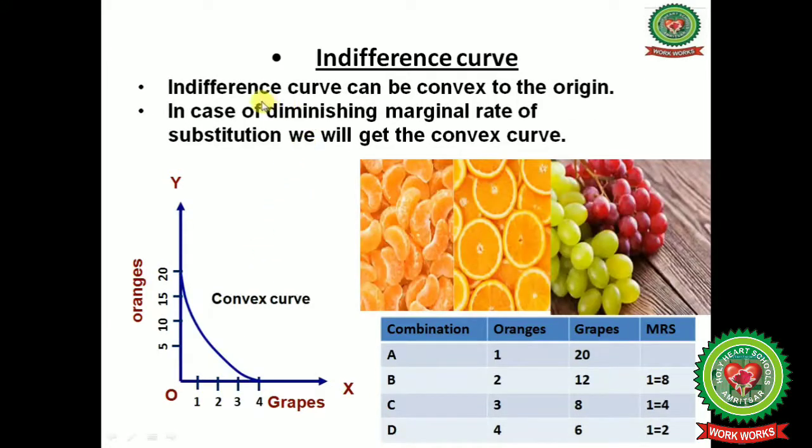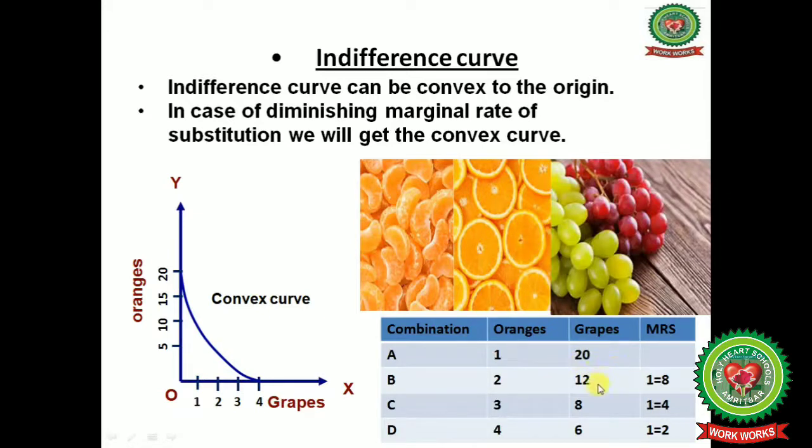Next, the indifference curve can be convex to the origin. In case of diminishing marginal rate of substitution we will get the convex curve. In this table you can see that the oranges quantity is continuously increasing and the grapes are decreasing, because grapes are sacrificed in order to increase oranges.